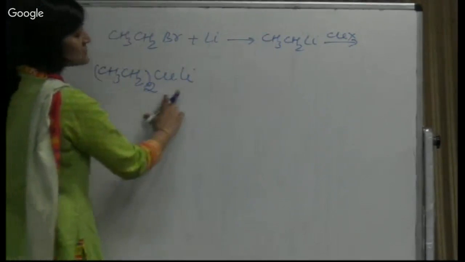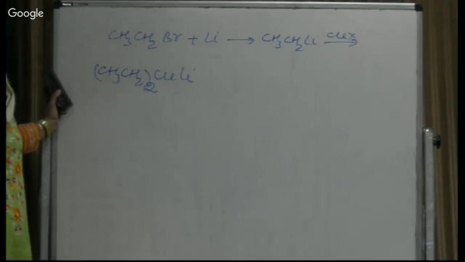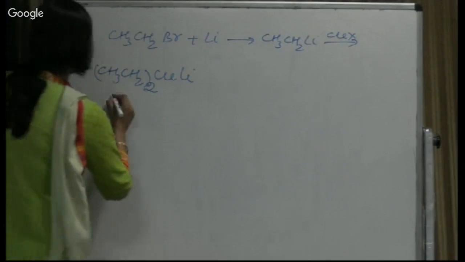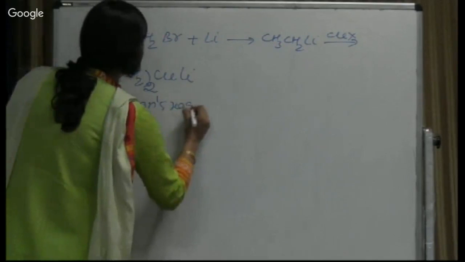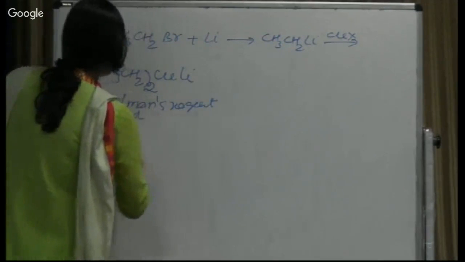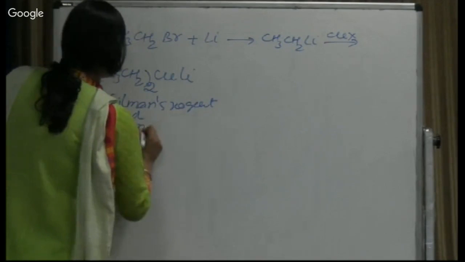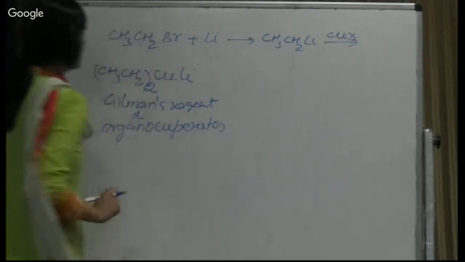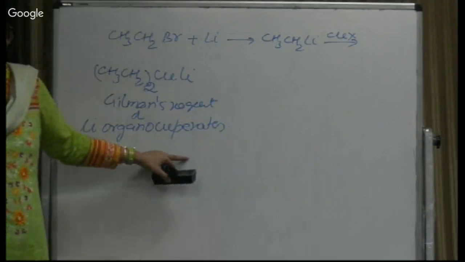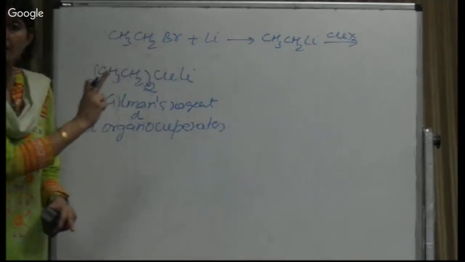This compound is called Gilman's reagent, or commonly called lithium organocuprates. Now that is your starting material to prepare the alkane.